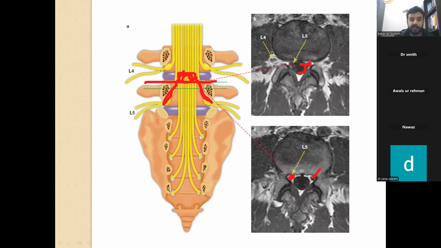Whereas if the disc is laterally placed, foraminal or extraforaminal, it is going to compress the L4 nerve root. Understanding this concept is very important because an L4-5 disc can present with the symptoms of L4 or of L5. Usually it will present with the symptoms of L4 because an extraforaminal or paracentral disc is going to compress it.